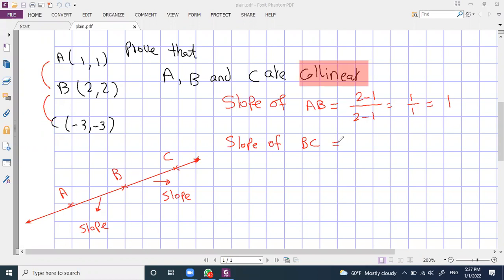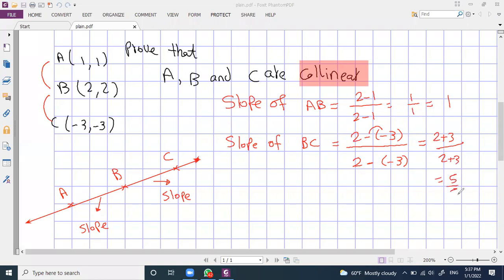Salma, find the slope of BC. 2 minus negative 3 over 2 minus negative 3. Negative after negative is positive, so it's 2 plus 3, 5, over 2 plus 3, 5.